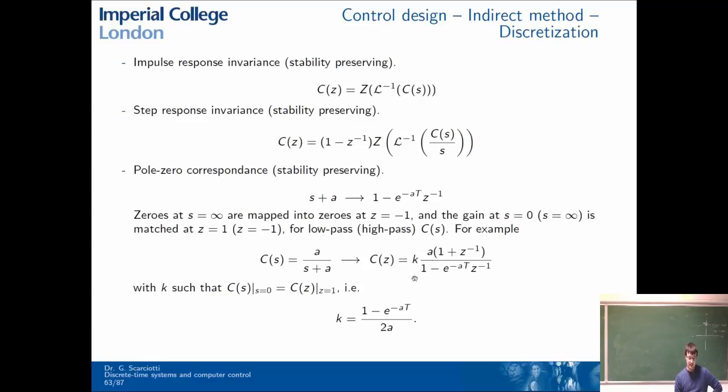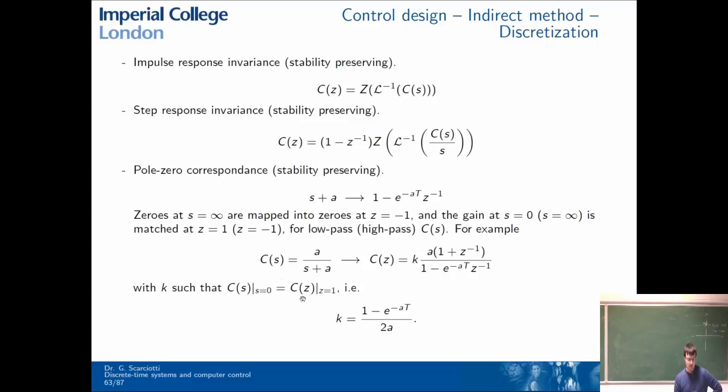And then finally, we want to compute the gain of this controller. To compute the gain, we have to compute the gain either for s equal to 0 or for s equal to infinity. For this controller, we want to compute the gain for s equal to 0. So we replace s equal to 0 in C of S, and we obtain A over A, so we obtain 1.